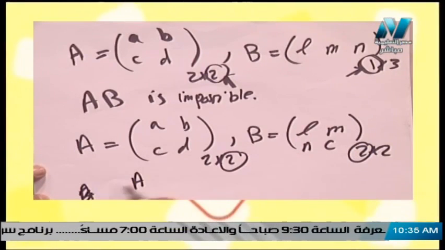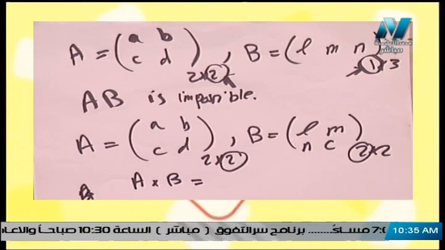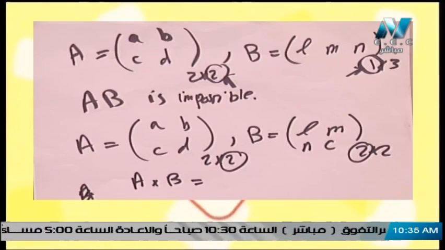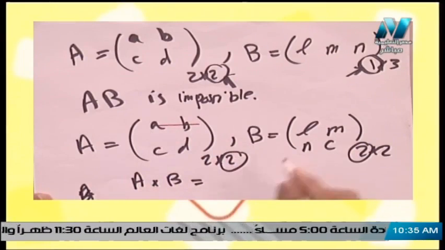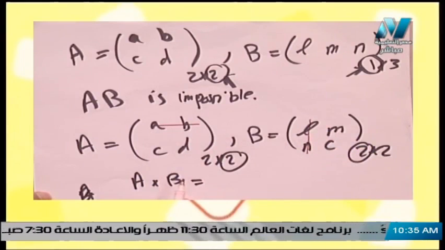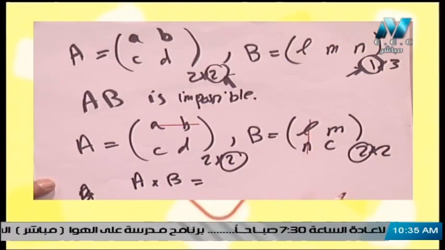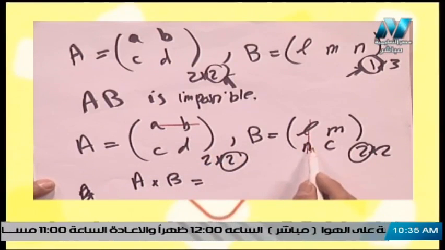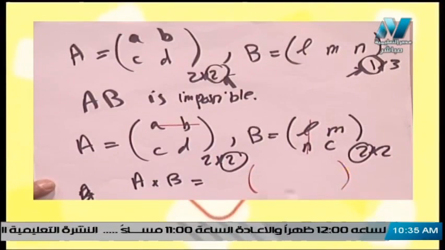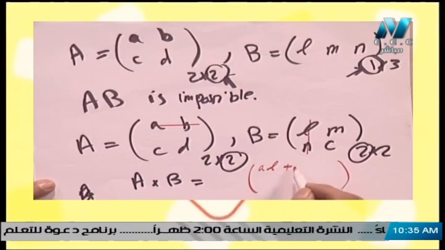A times B: here we have to multiply this row first by this column, and it gives only one element, A times L plus B times N, and it gives AL plus BM.